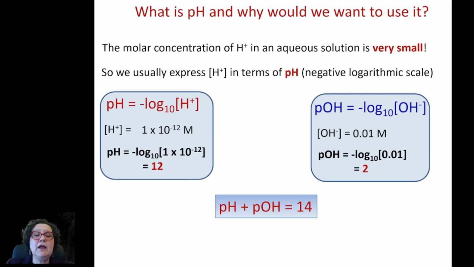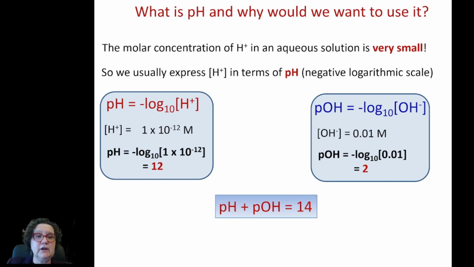Because if you do minus log in base 10 of a negative power of 10, it will give you a lovely integer, a positive integer. So if a solution has a concentration of hydrogen ions of 10 to the minus 12, if you do the minus log in base 10 of that number, you end up with the number 12.